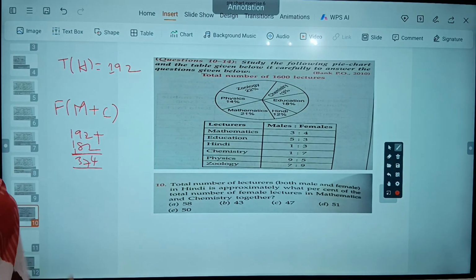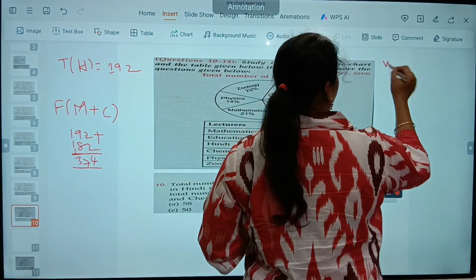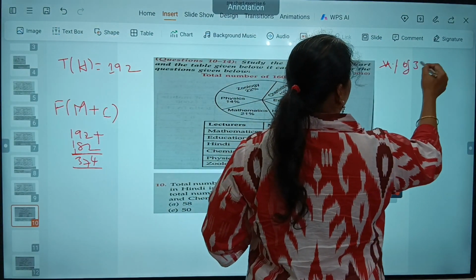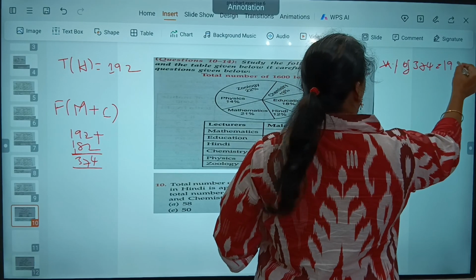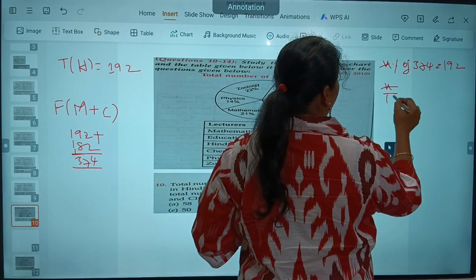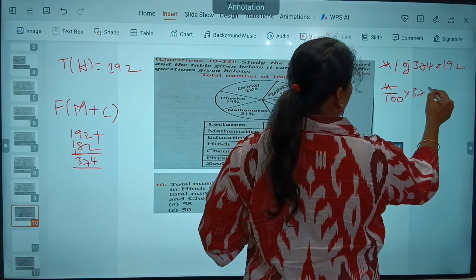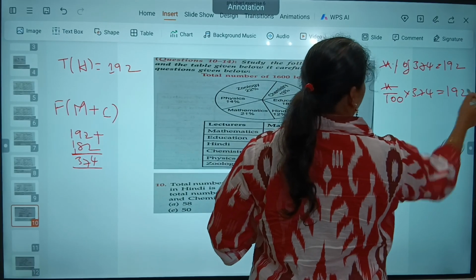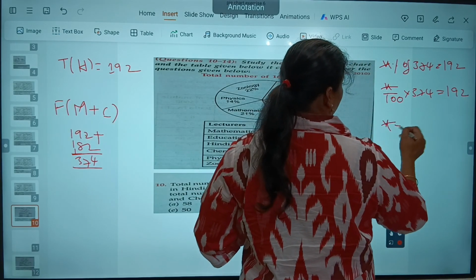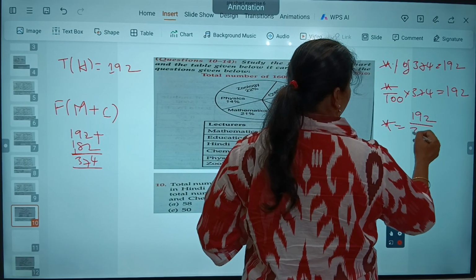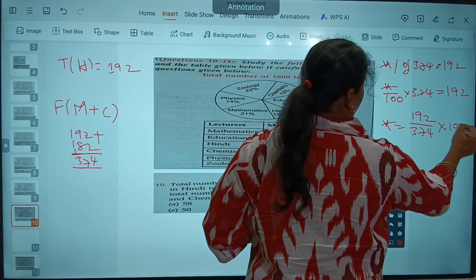So now we have to find x percent of 374 equals 192. X by 100 into 374 is equal to 192. X is equal to 192 by 374 into 100.